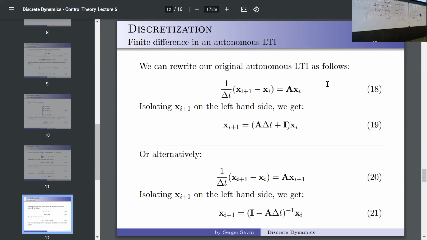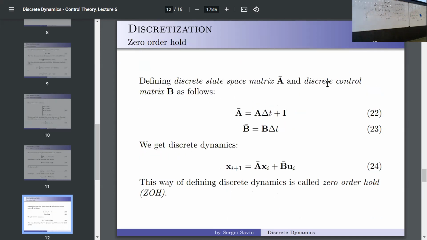Okay, let's see what we have left. Now, we just have a few more ideas. So what we did so far was to find out how we make discrete matrices out of continuous matrices. So we have a continuous system with matrix A. How do we find the discrete version?